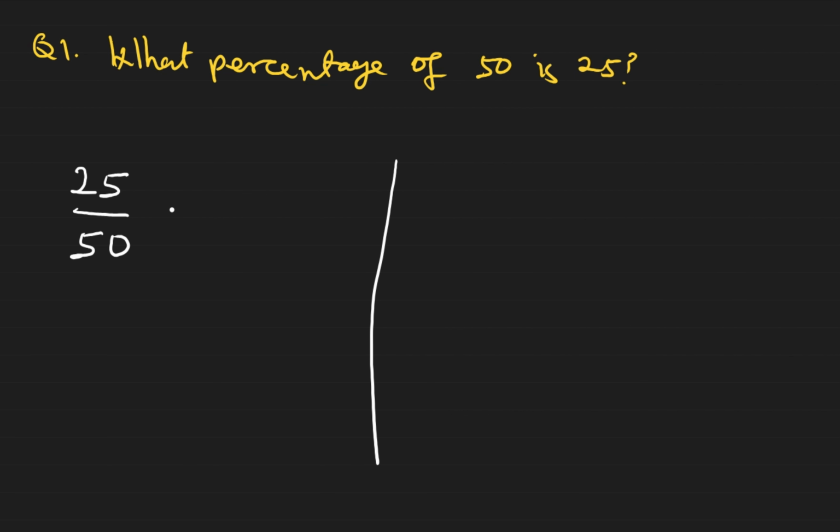What percentage of 50 is 25? So 25 over 50 times 100%. Let's do cancellation. 25 goes into itself 1, goes into 50 2 times. 2 goes into itself 1, goes into 100 50 times.